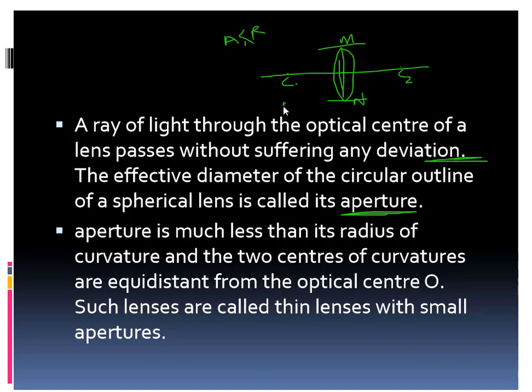That means OC1 and OC2 are the same. Okay. Such lenses are called lenses with small aperture.